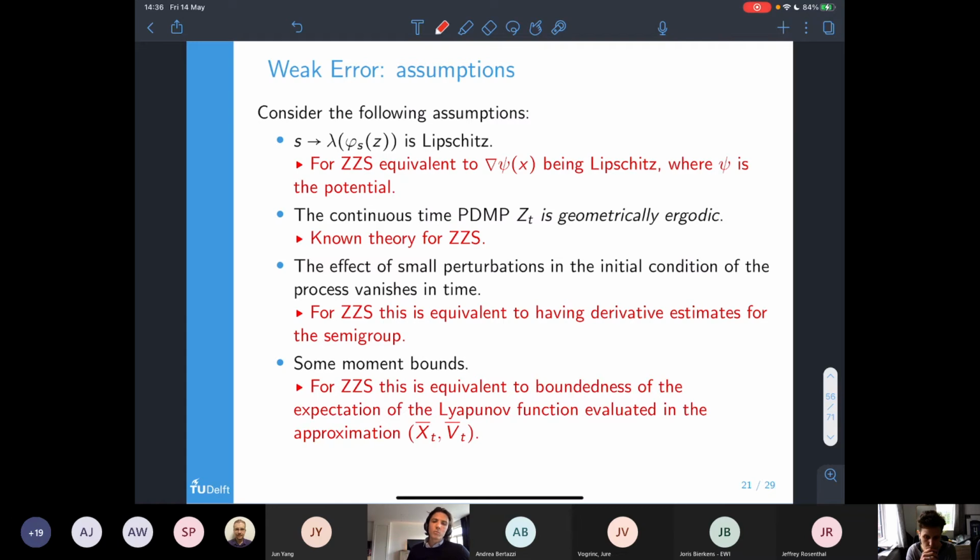But at least to draw intuition, this will be equivalent to asking that the expectation of, let's say G is the Lyapunov function for the Zig Zag sampler, for the Zig Zag process. Then we want a bound of this form, G evaluated in the approximation and not in the true PDMP, in the true Zig Zag, is bounded. This would be more or less the idea.